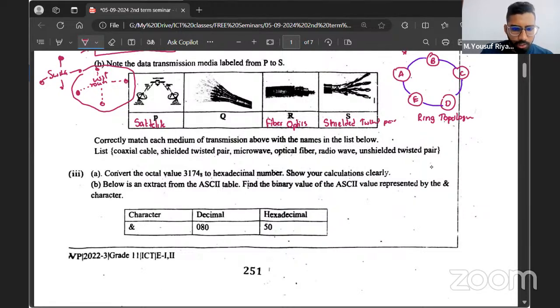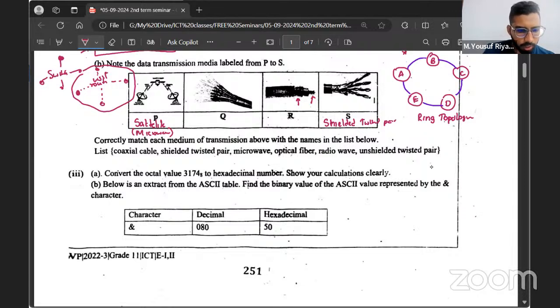No, fiber optics is the third one, because the diagram is not clear. It looks like a coaxial cable and also like fiber optics. I need the color to tell exactly. If it's just a copper line going here, this is going to be a coaxial cable. Yes, the first one is microwave. Satellite is an example of microwave.